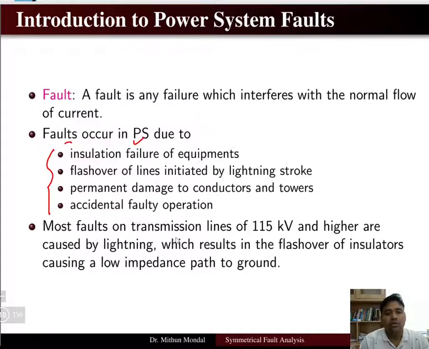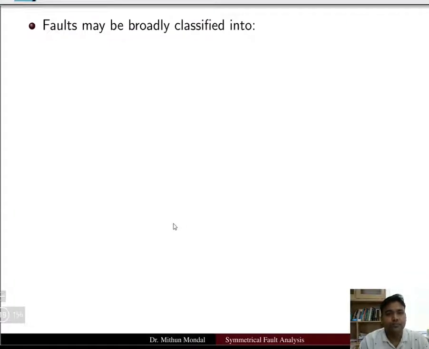Most faults on transmission lines of 115 kV and higher are caused by lightning. In the case of lightning, there are some broken conductors or there is some discharge through the earth which results in flashover of insulators, causing a low impedance path to ground. So most of the faults that occur in transmission lines are due to the phenomenon of lightning.